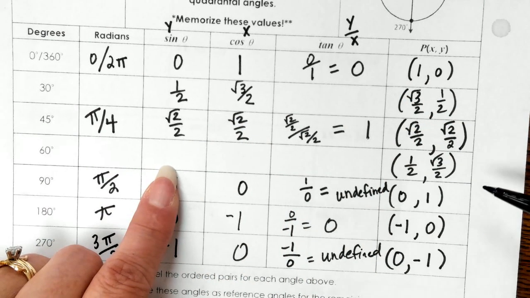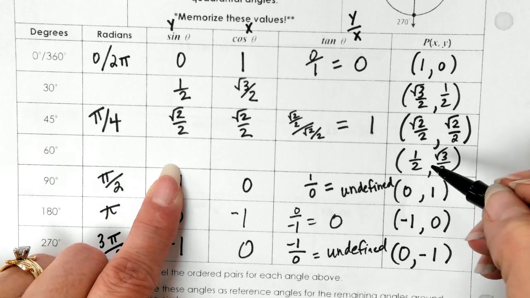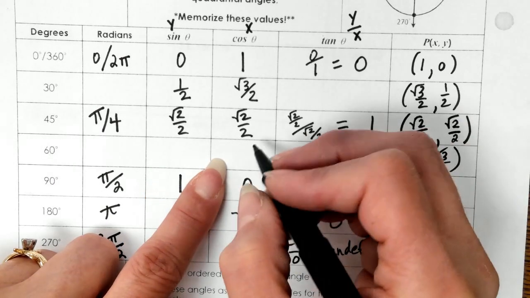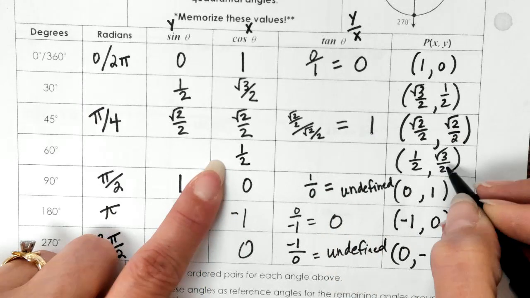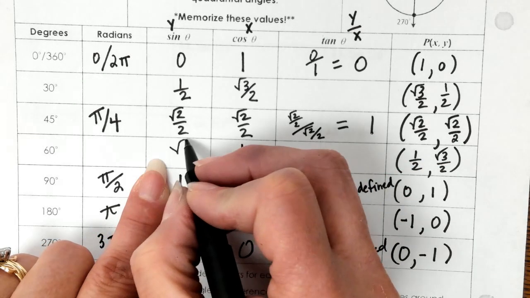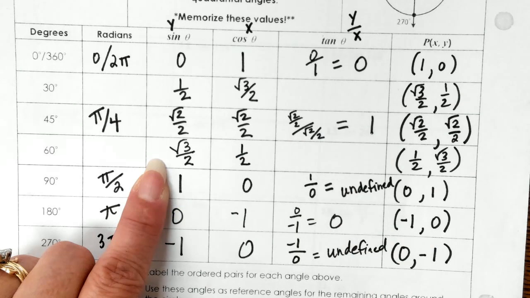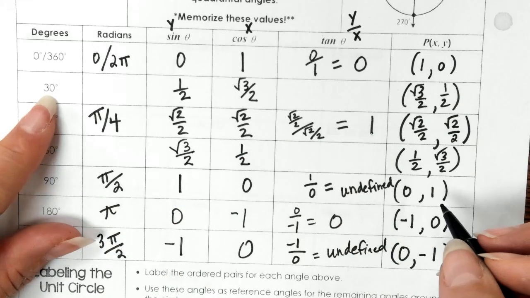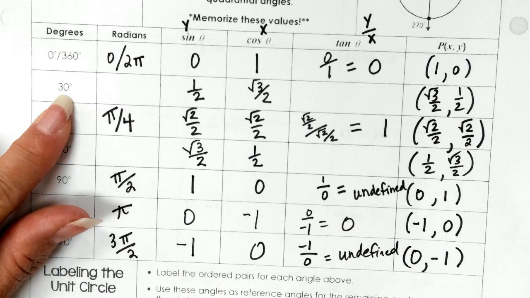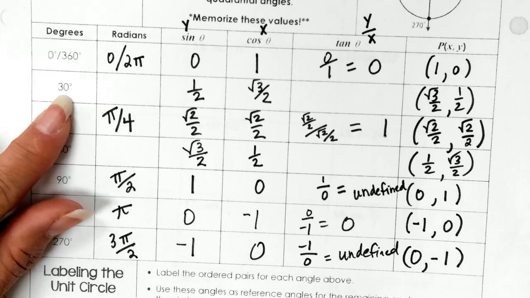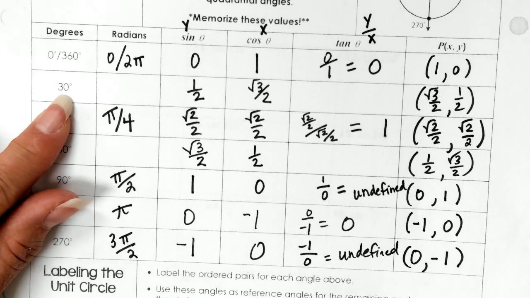For the 60, the x is 1/2, so that's your cosine, since cosine is x. Sine is your y, so y was radical 3 over 2. Now, 30, and we can use our formula for converting degrees into radians by multiplying by pi over 180.